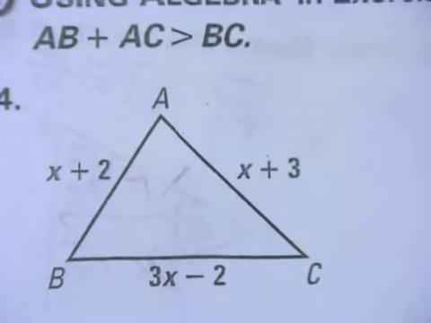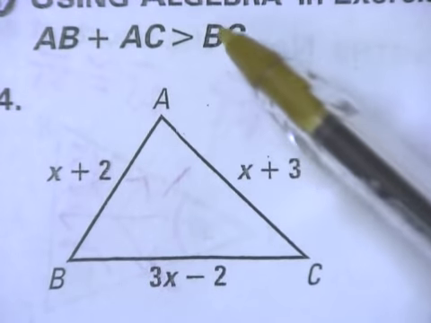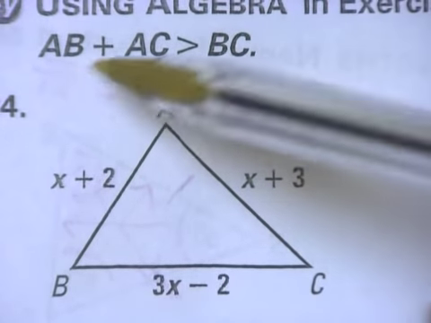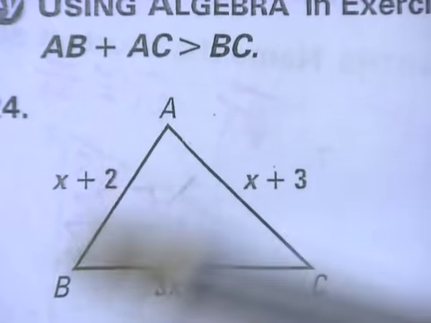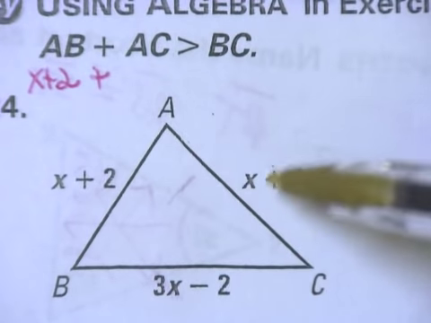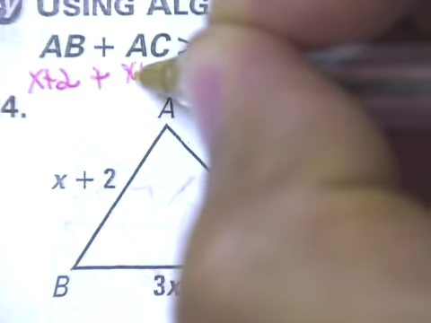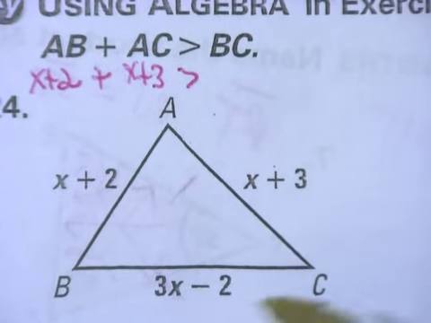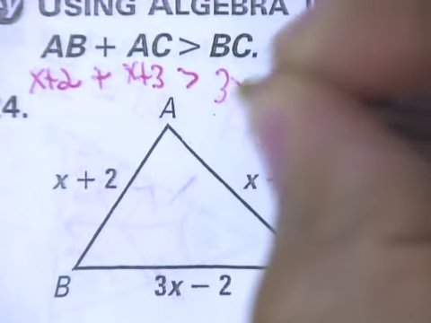Let's take a look at numbers 24 and 25. For numbers 24 and 25, they want us to solve the inequality of AB plus AC is greater than BC. Well, I know that segment AB right here is x plus 2, plus, and I know that segment AC is x plus 3.